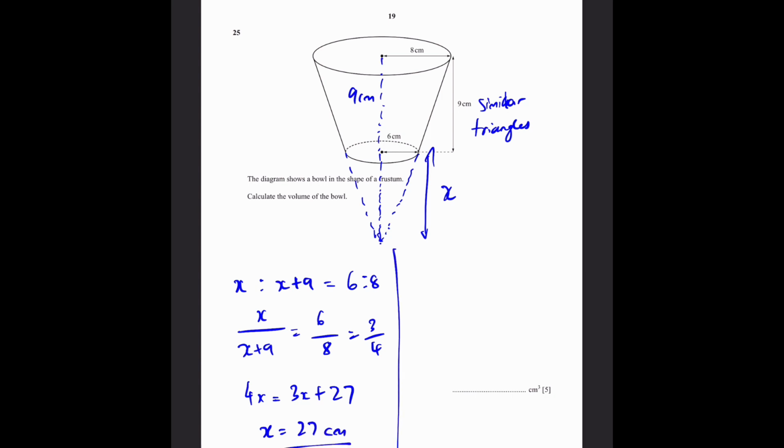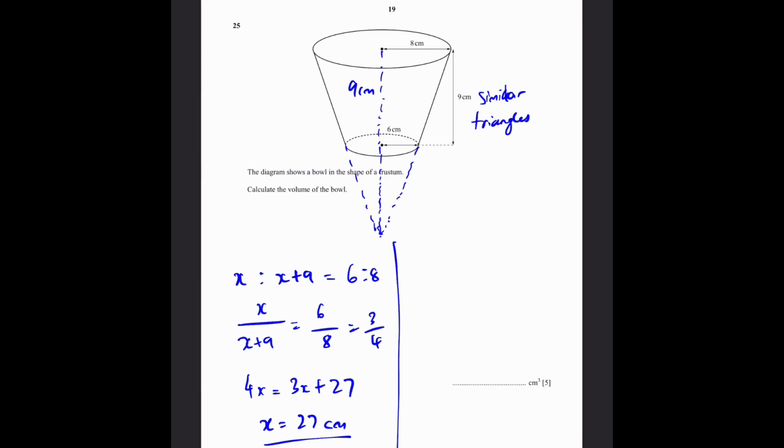Now you can find the volume. I'll erase this since I need some space, and draw the x in here. The volume is equal to the volume of the larger cone, which I'll represent using 1 by 3 pi R squared H with a capital R, minus 1 by 3 pi r squared h using a small r to denote the volume of the smaller cone.